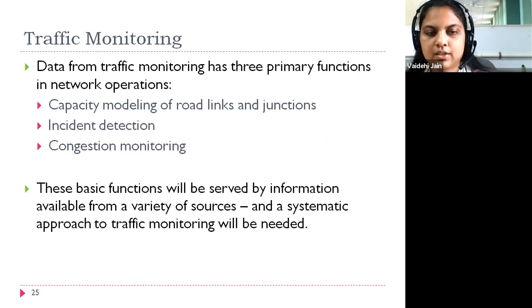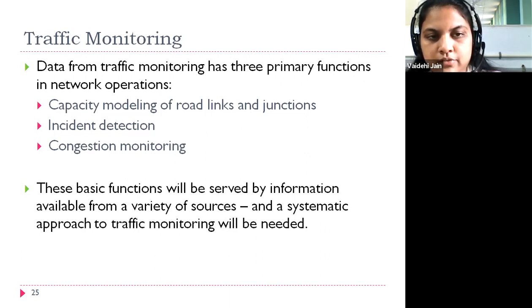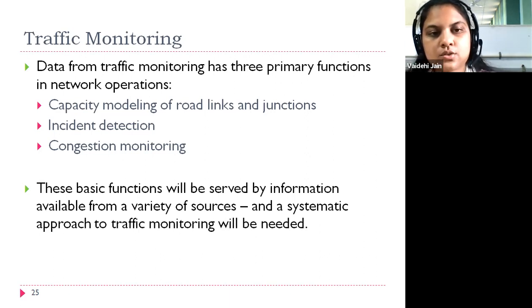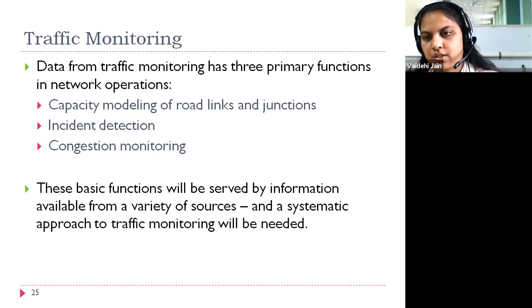Once you have network data, you can move on to traffic monitoring. If data is there, you can obviously monitor the traffic. Data from traffic monitoring has three functions. The first primary function is capacity modeling.